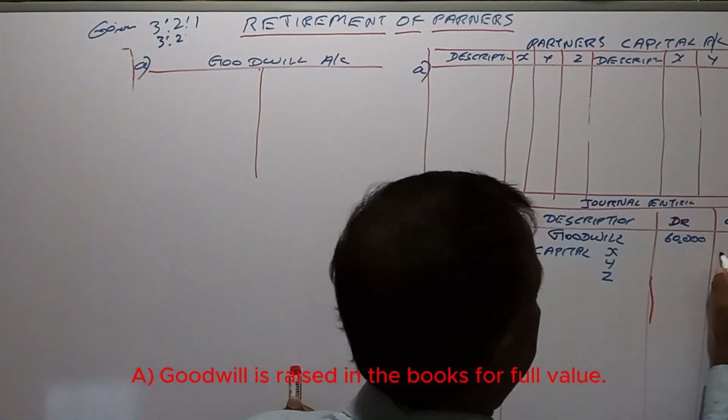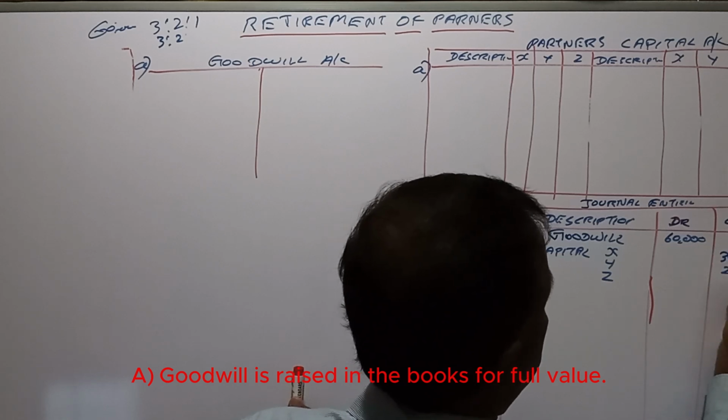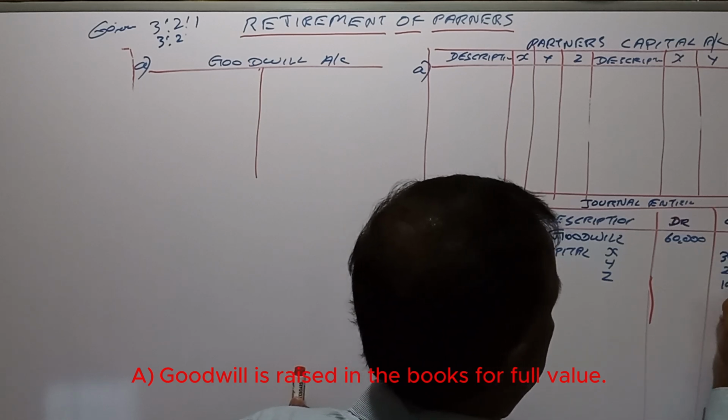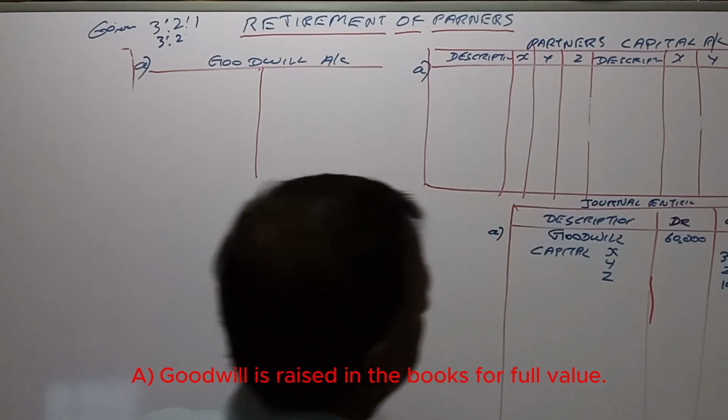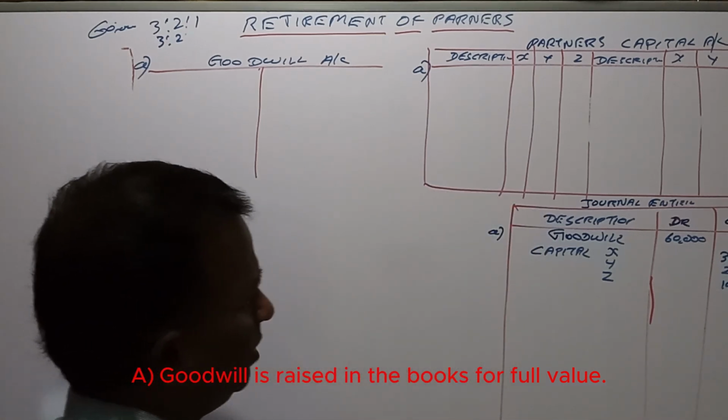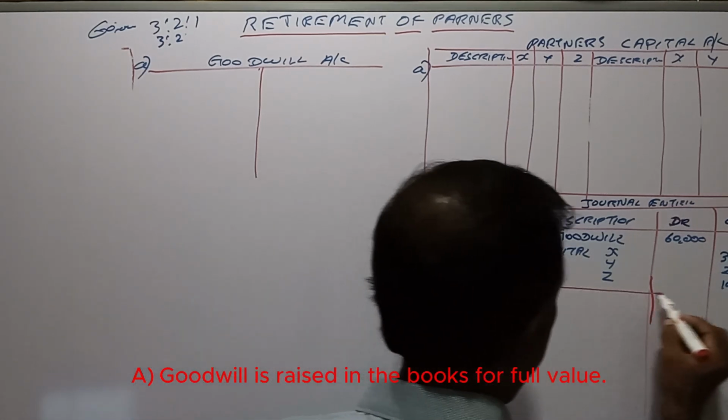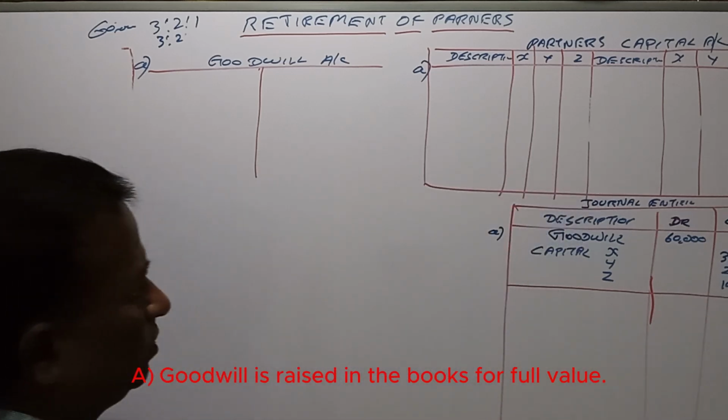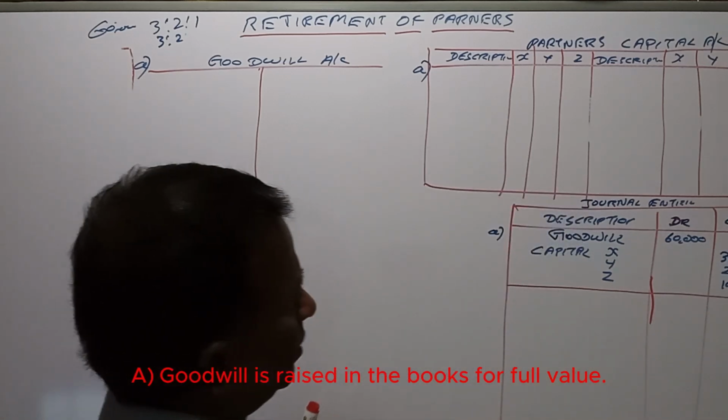That means 30,000, 20,000, and 10,000, right? So this is the double entry for creating a goodwill at the time of retirement.